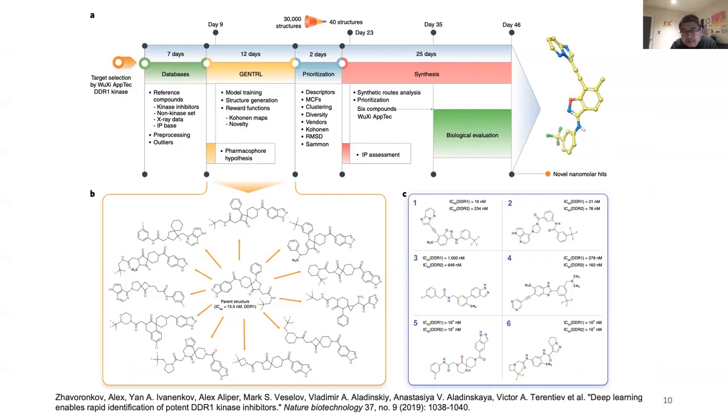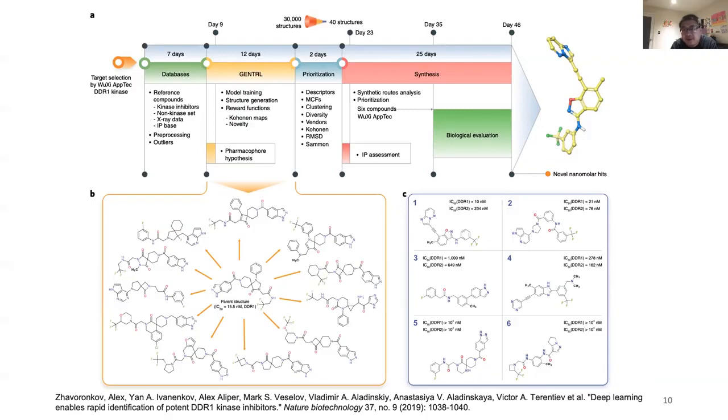Part A is the general workflow and the timeline for the design of lead candidates using something called GENTRL. I will show in the next week. And part B is some representative examples of generated structures compared to the parent. In this paper, they are focusing on DDR1 kinase inhibitors.